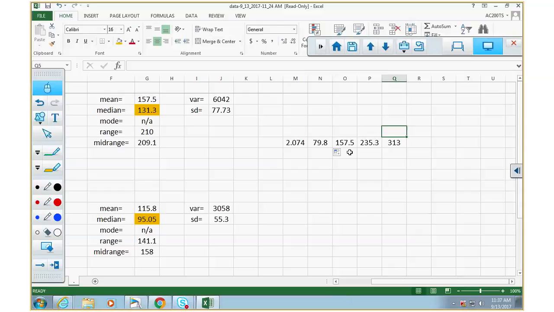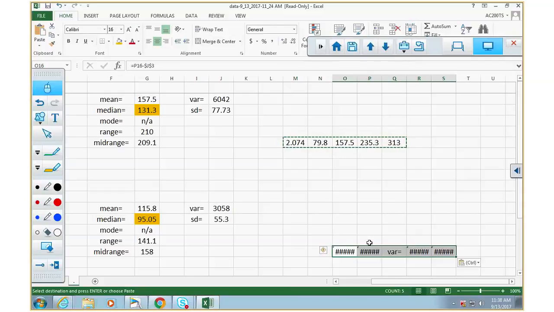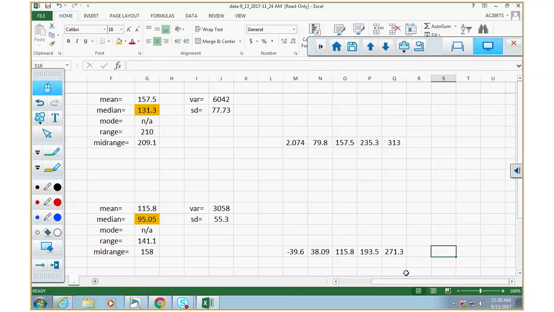And of course, copy this. Probably not going to do it unless I copy it exactly right. Mid-range. Darn, I copied that wrong. Let's try it here. Check my numbers down here.